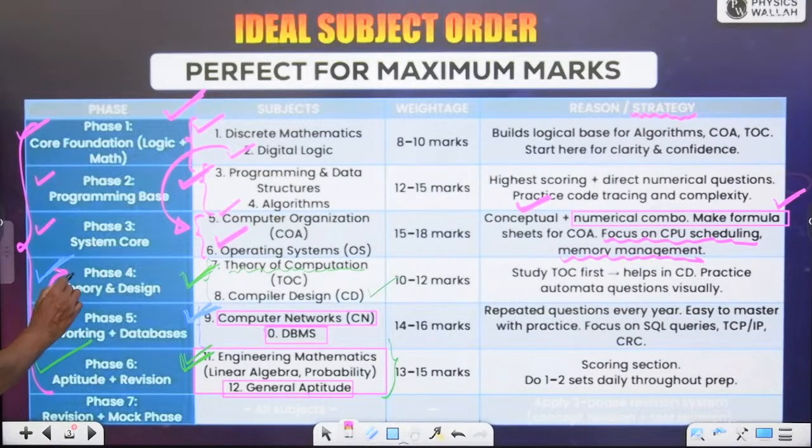Swapping is possible between phase 4 and phase 5 as per your understanding. If you first want to complete computer network and database management system, and then theory of computation and compiler design, that's perfectly fine.